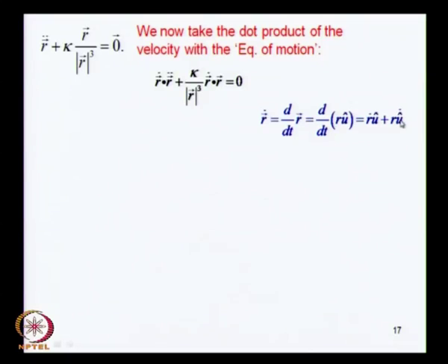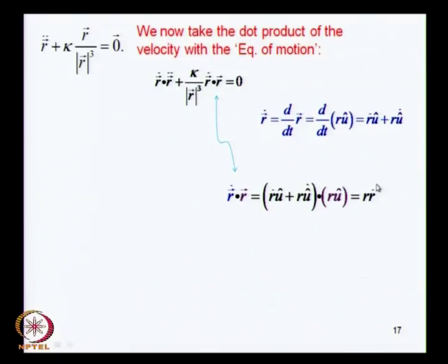So u is the unit vector giving the direction, and its time derivative, indicated by u dot, is the rate of change of the unit vector. So we will need this when we deal with the velocity. Now we have this term r dot r double dot, which is a scalar product of velocity and the position vector, and this you can easily see is nothing but r r dot.